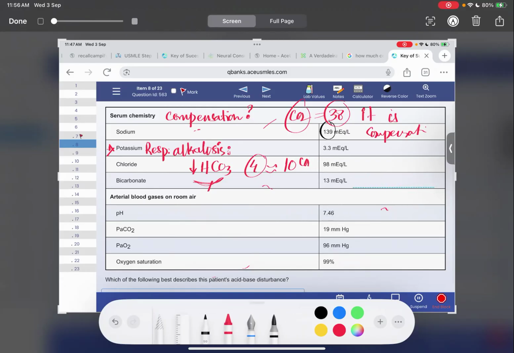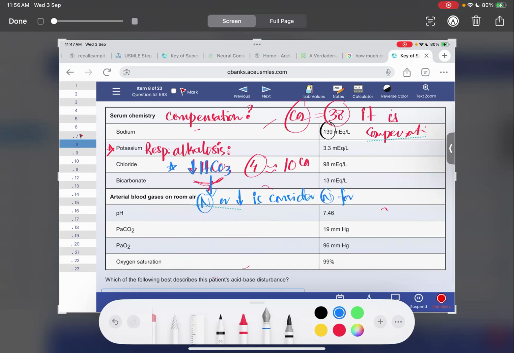Okay. So for respiratory alkalosis, what will happen? We will decrease bicarbonate. How much decrease is normal? Or we can say how much decrease is considered normal for compensatory mechanisms?